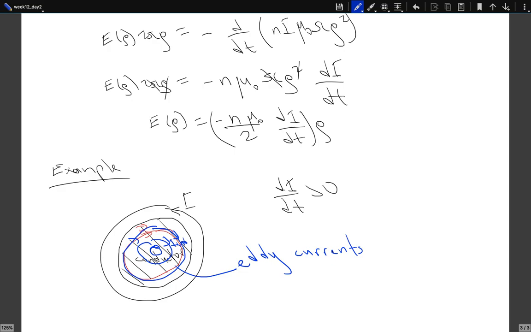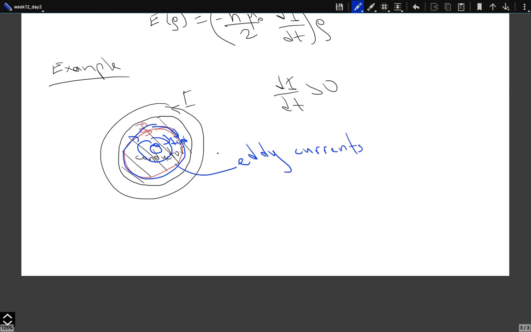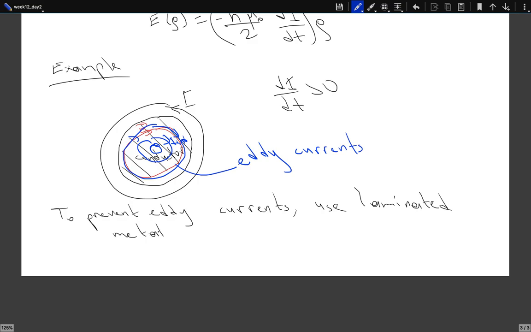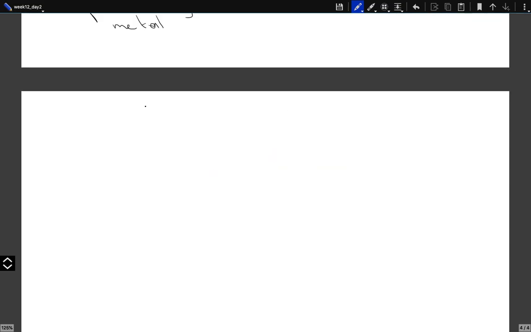But sometimes it's not something that you would like to have, those currents. You would like to prevent them. So in that case, what you do is you use what is called a laminated conductor. Well, what's the laminated conductor?